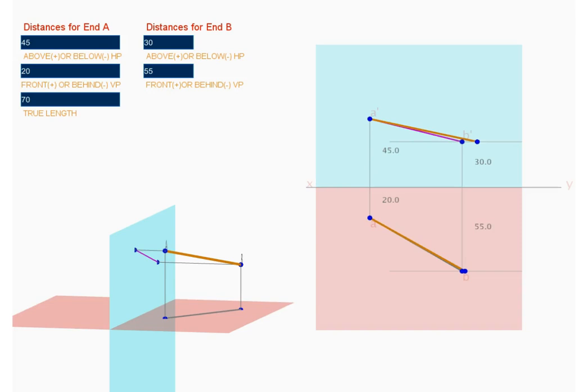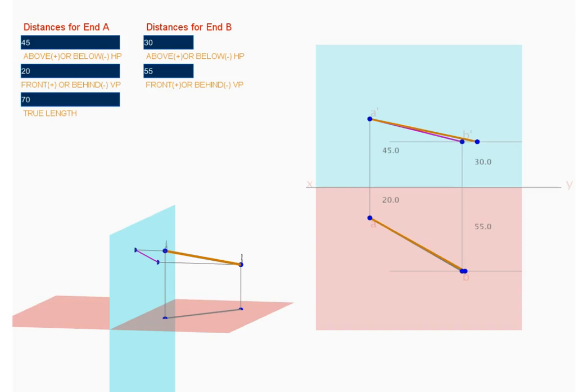What you see on screen is a software which helps us visualize projection of lines, as I said before. On the top left hand side, the given data is supplied. That is the distance above HP and in front of VP for both ends A and B, as given in the question, along with the true length, which is 70 mm.